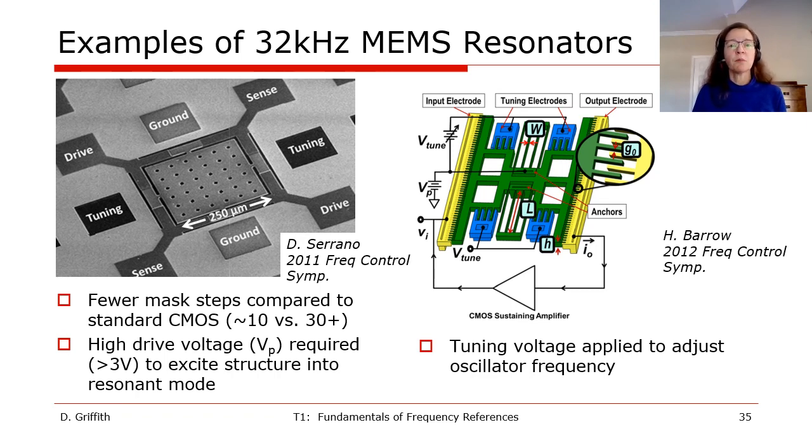However, these two examples both require a high drive voltage, meaning greater than 3 volts, to excite the structure into the resonant mode, as shown by VP on the figure to the right. This makes them harder to interface easily with standard CMOS in advanced technology nodes. To adjust the frequency, a tuning voltage is applied, so unlike ceramic structures, these 32 kilohertz MEMS resonators require several more pins.